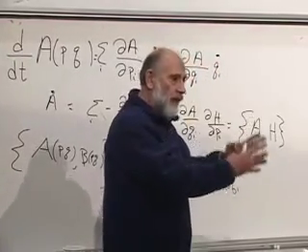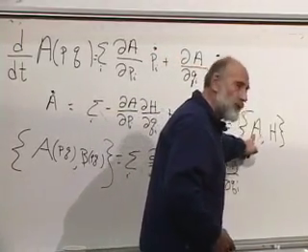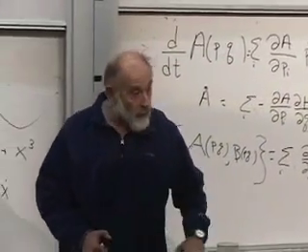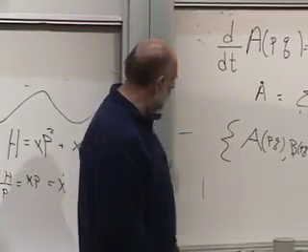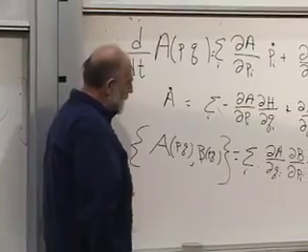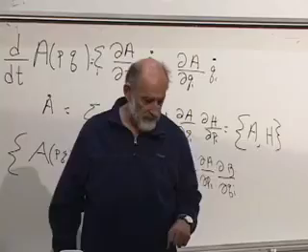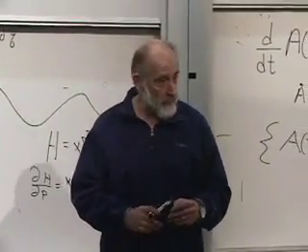The Hamiltonian is a special object which generates velocities, generates time dependence by taking Poisson brackets. So as I said, this is yet another formulation of classical mechanics, where the motion of any quantity is expressed in terms of Poisson bracket with respect to the Hamiltonian.